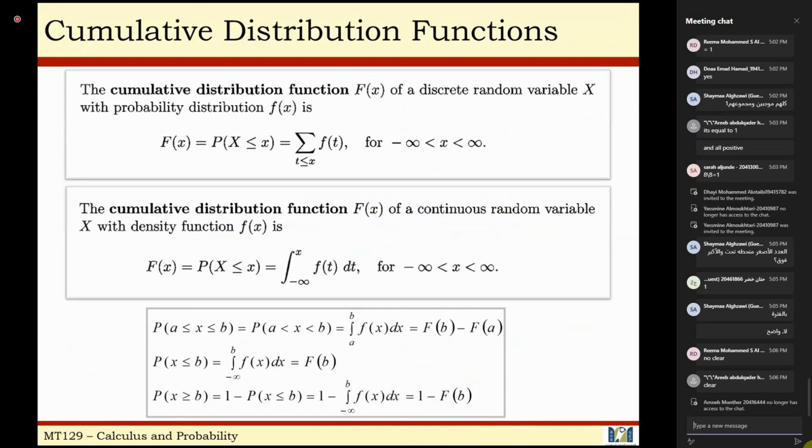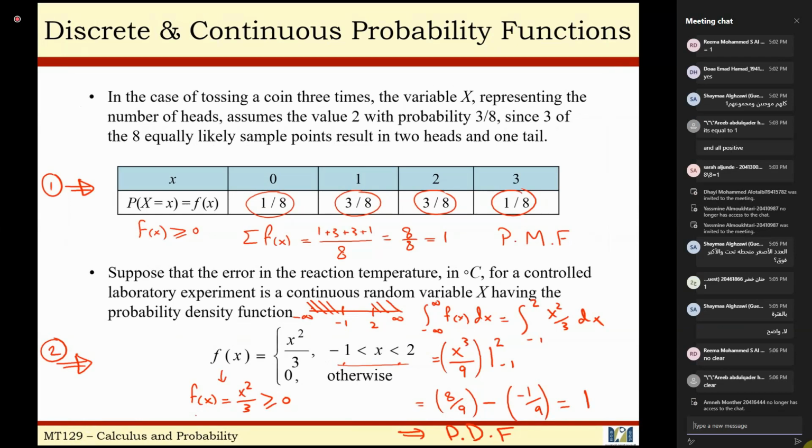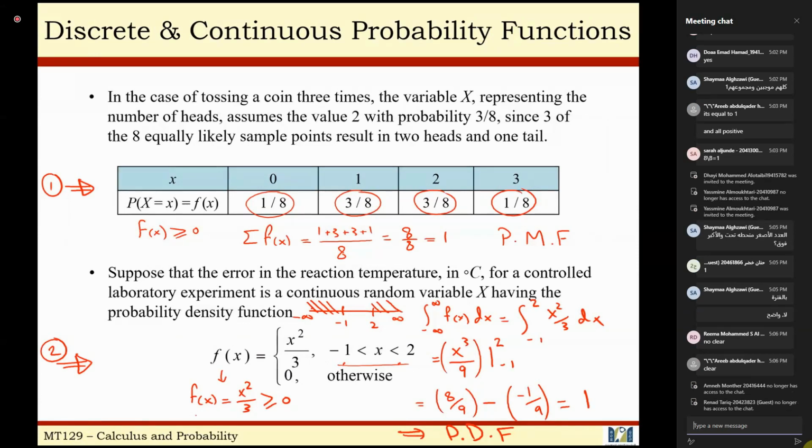I need to ask you about, for example, what's the probability in the first example? What's the probability x equal to?